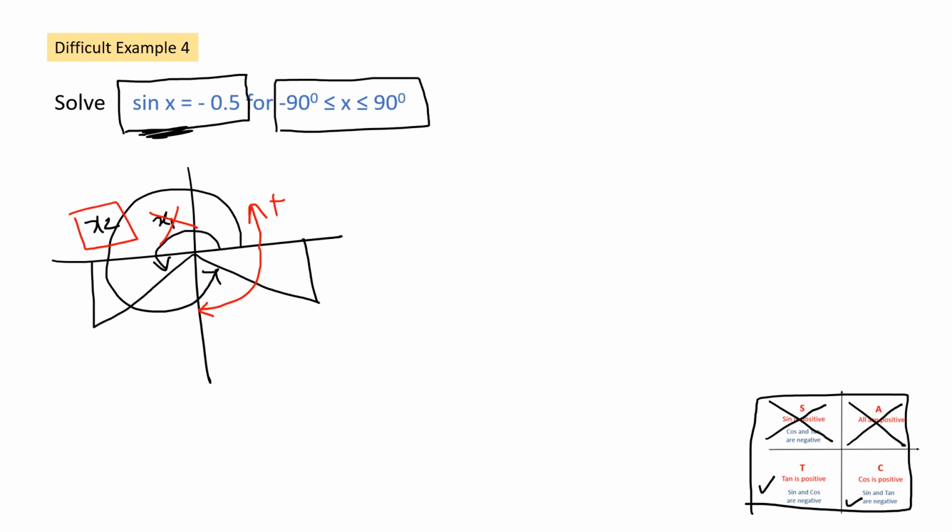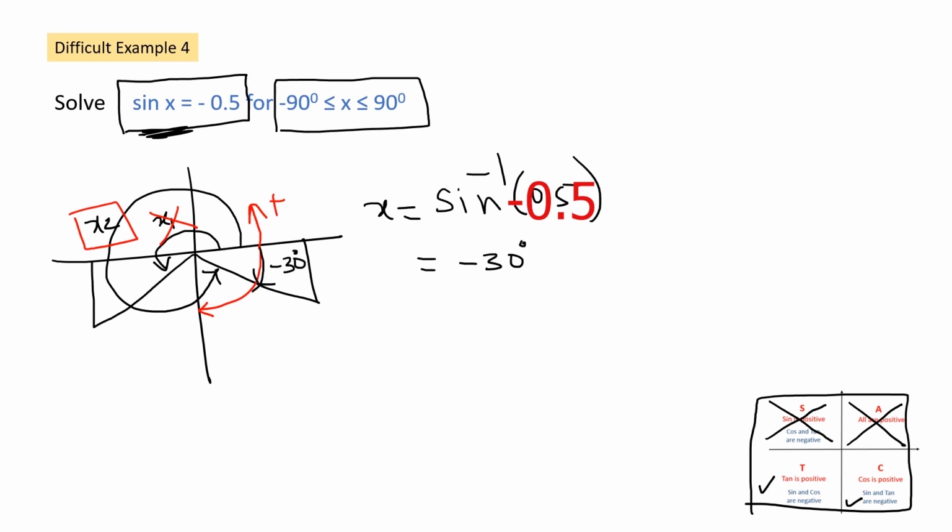So first things first, let's figure out what the x value is. If you use a calculator, you can find x equal minus sine inverse 0.5, which would give you minus 30 degrees. And that is our answer, because minus 30 means this one. In fact, x2 is 360 minus 30, which gives you 330 degrees.